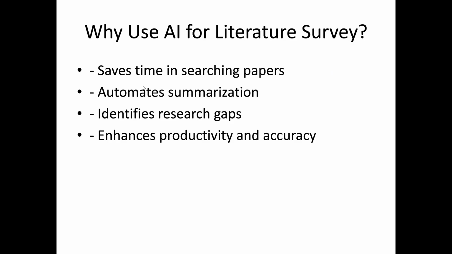First, it obviously saves some time for you to do literature survey, and it also automates the summarizing of the content. Okay, for you. It also identifies the research gaps and enhances probability and accuracy.